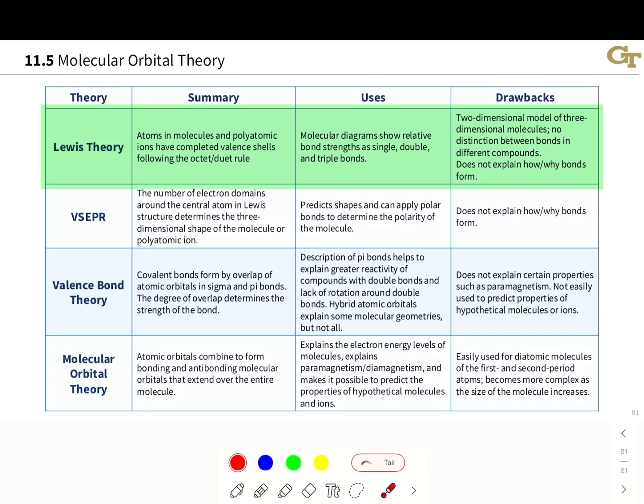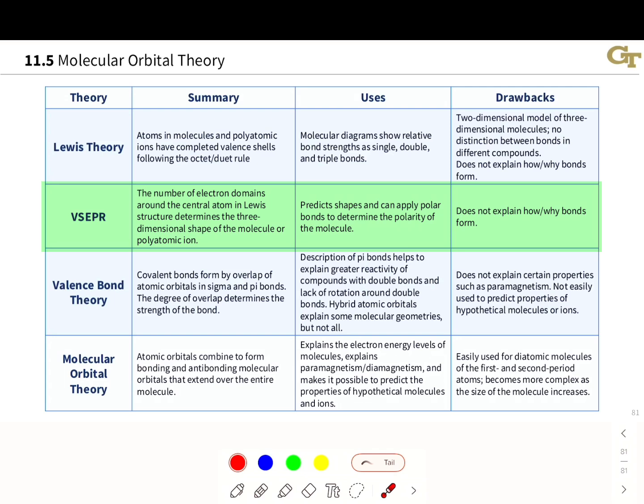But it's got some serious drawbacks in that we know from quantum mechanics, quantum chemistry, that electrons are delocalized, and Lewis theory has nothing to say about that, and for example breaks down in the face of molecules that exhibit electron delocalization.